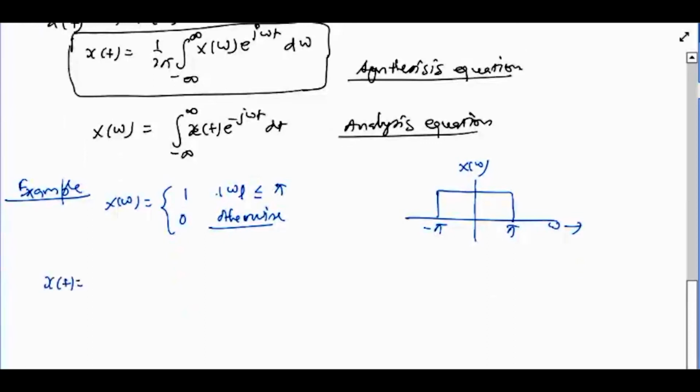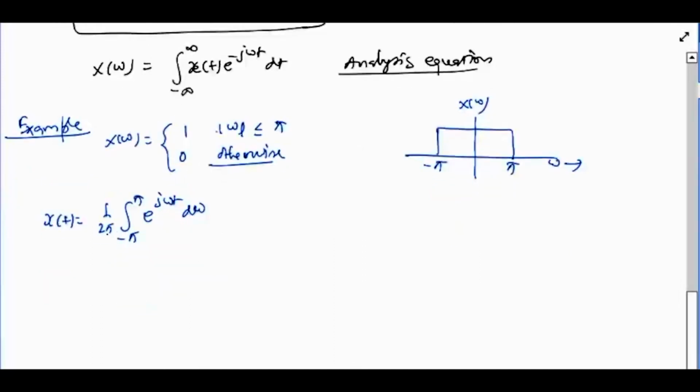So x(t) is 1 over 2 pi times the integral from minus pi to pi of e raised to j omega t d omega. From the definition, we see that if t is equal to 0, x(0) is 1 over 2 pi times the integral from minus pi to pi of d omega, which is 1.